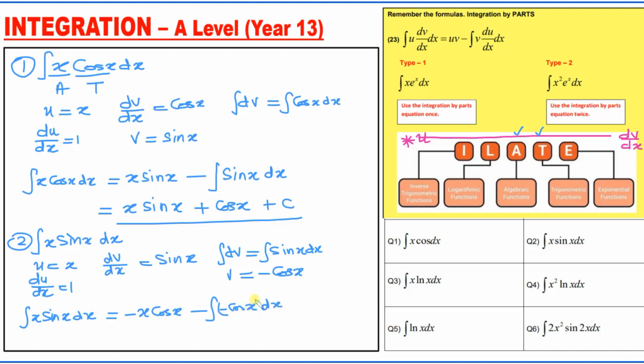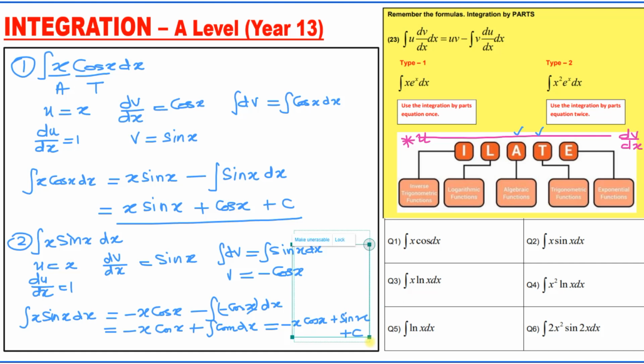So that minus is going to be multiplied by the outside, so minus x cos x plus integration of cos x dx. So the answer is minus x cos x, and integration of cos x is going to be sin x. So plus sin x plus c, and that is the answer for question number 2.